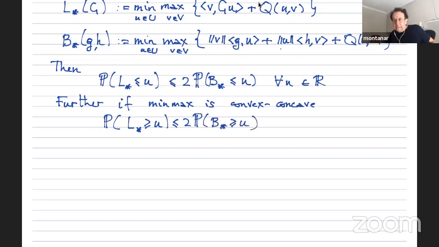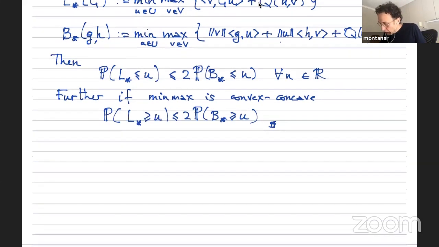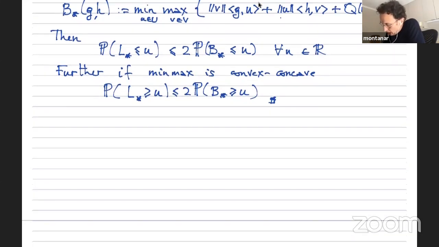So the nice thing is that in the case of a convex-concave problem, if B star concentrates, this gives you upper and lower bounds, and they will basically concentrate around the same value.